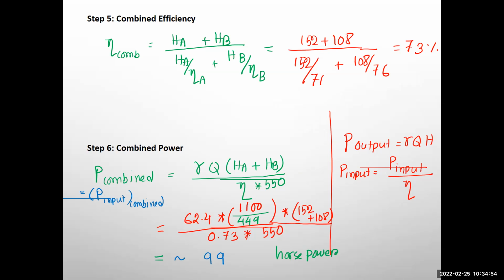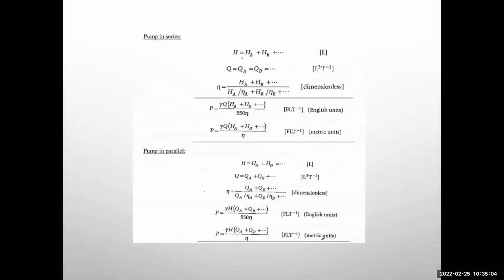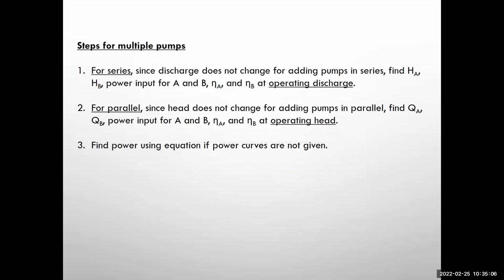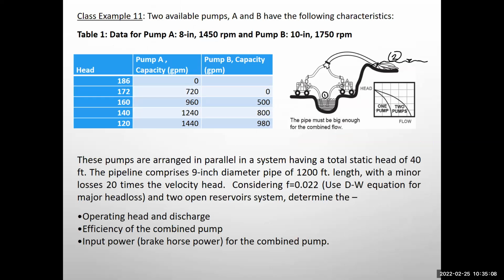So all of you have class example 11, right? Okay, this time, the only difference will be that in class example 11, the pumps are connected in which way? Series or parallel? This time they are connected in parallel.